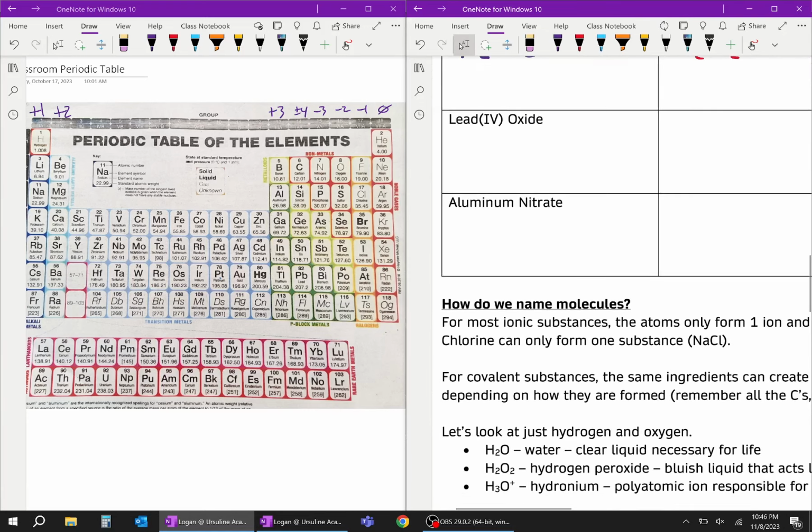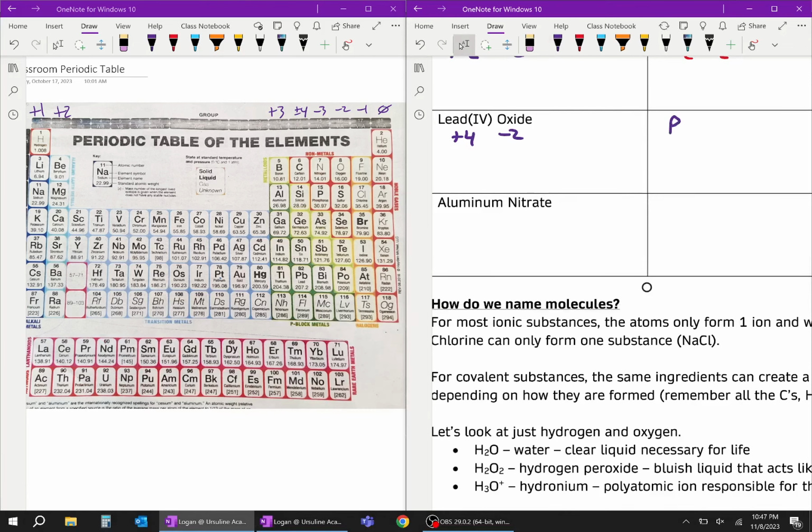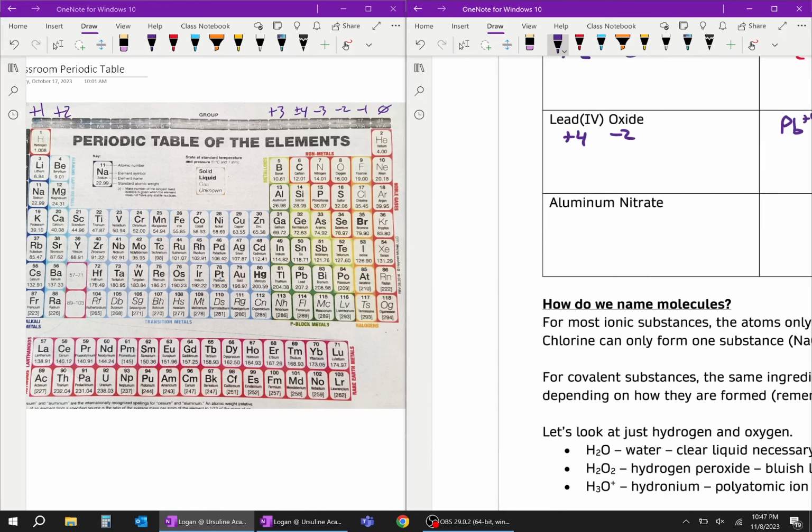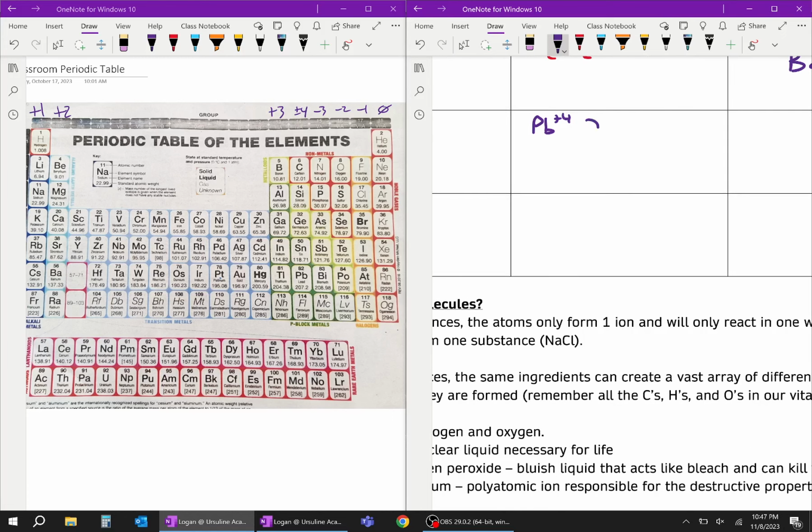Continuing through, lead 4 oxide. This 4 right here tells me that the lead has a positive 4 charge. Oxygen has 6 valence electrons, so it will always have a negative 2 charge. Lead is Pb plus 4. Oxygen is O, with a minus 2 charge.